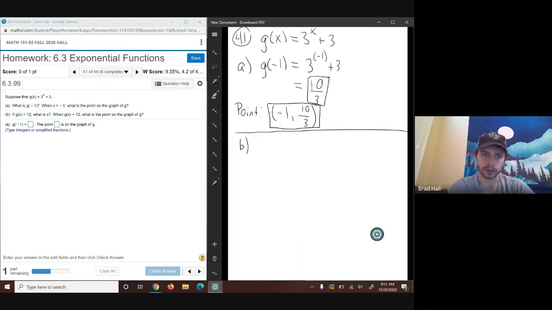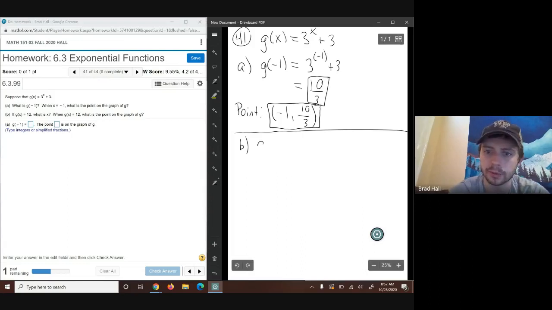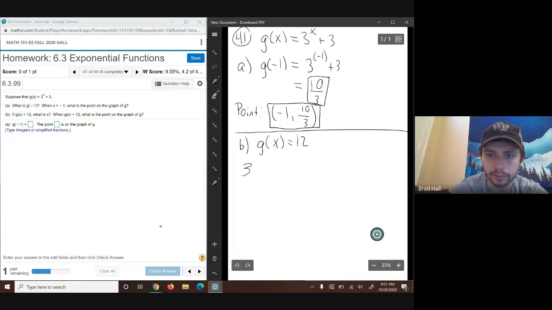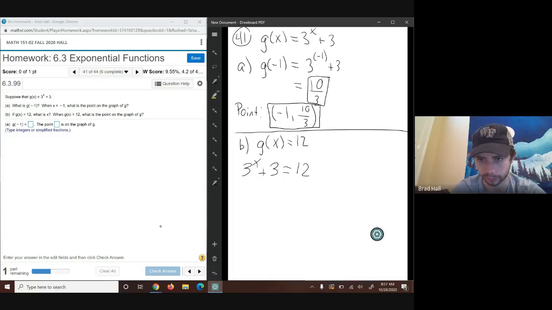Because part B says, well, what happens when the function as a whole is equal to 12? What happens to x? So what we're doing is setting the whole function equal to 12. And we have some like terms. We can subtract 3 on both sides.